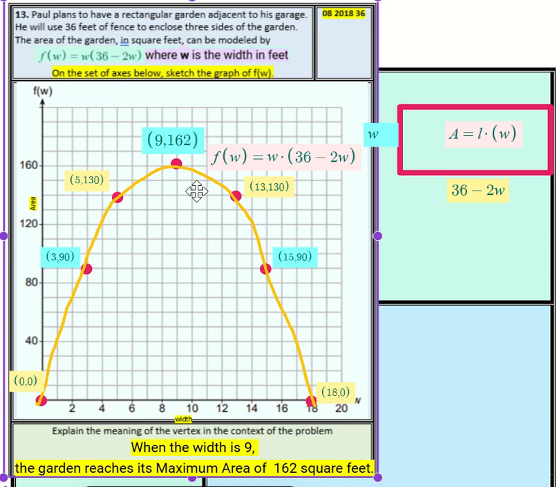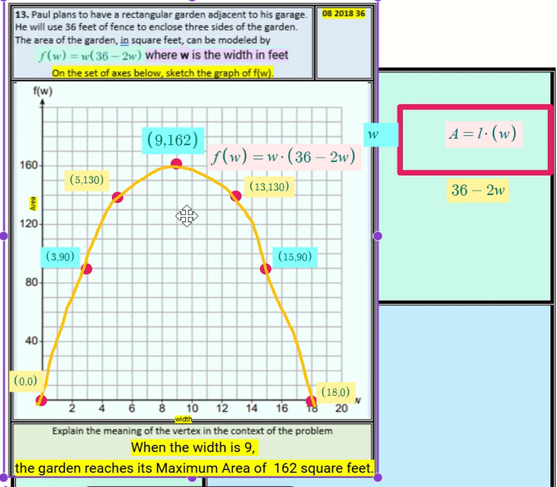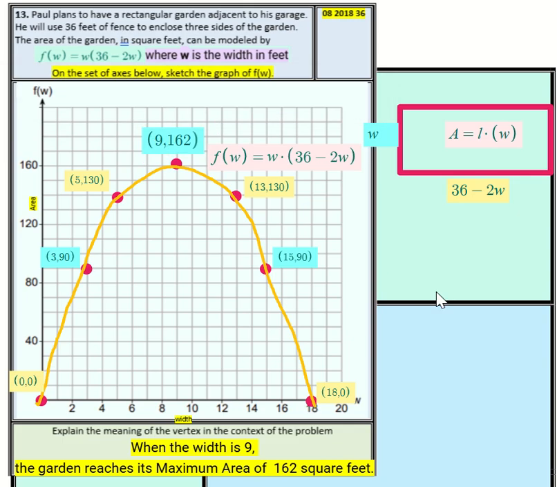So if I look at my parabola, the highest point for area measurement is 162 square feet, and that occurs when the width is 9. And that's full credit for question number 13.